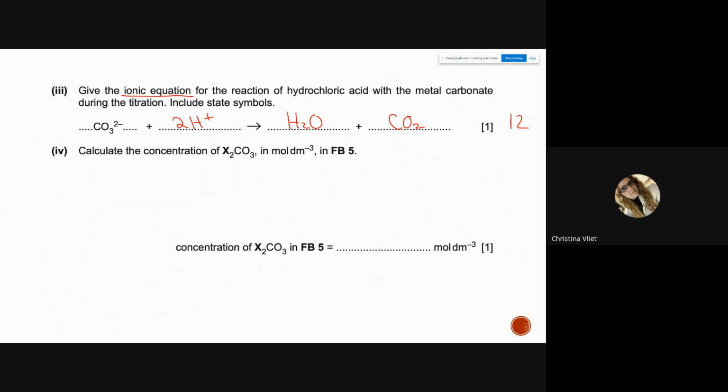So what would CO3 2 minus be in the flask? What's the state of that? Liquid. Not liquid. Solid. Liquid would be if it's just pure. Oh, it's in water. It's aqueous. All acids are also aqueous. Water is what state? And CO2 is gas, little bubbles.